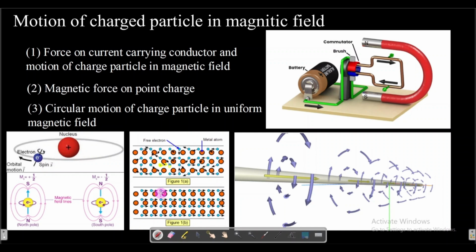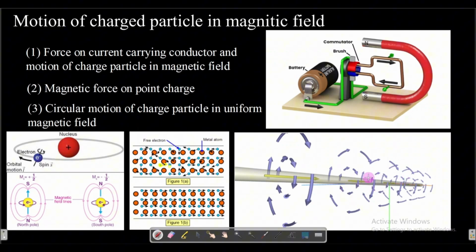Inside this conductor we have a large number of free electrons, all moving in the same direction. Therefore, each electron will produce a magnetic field. If we add all the magnetic fields from each electron, there will be a magnetic field around this conductor.